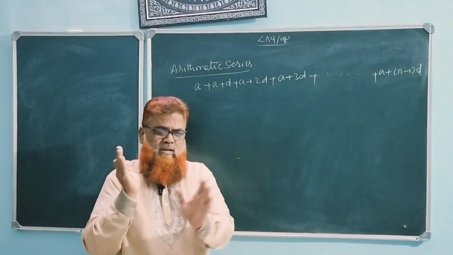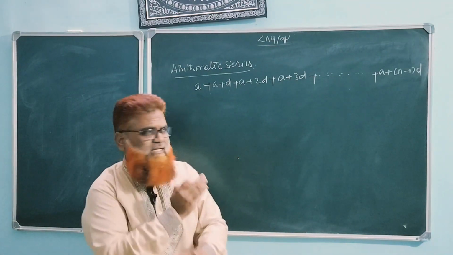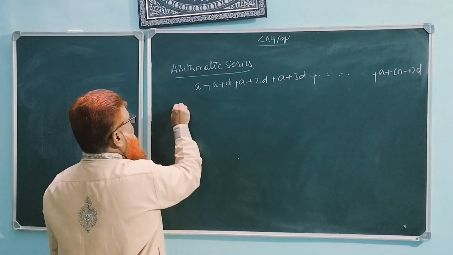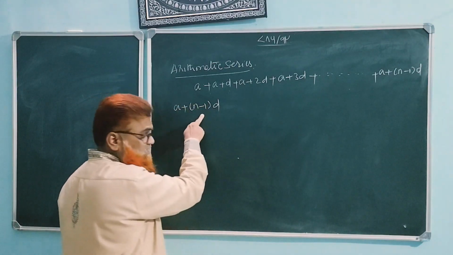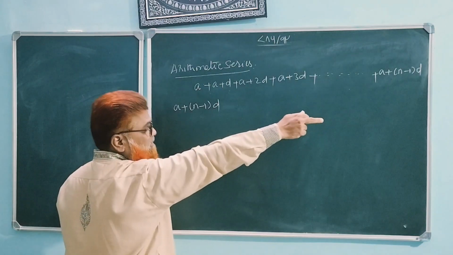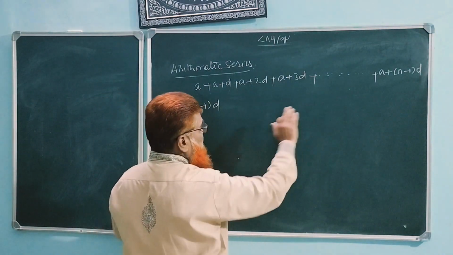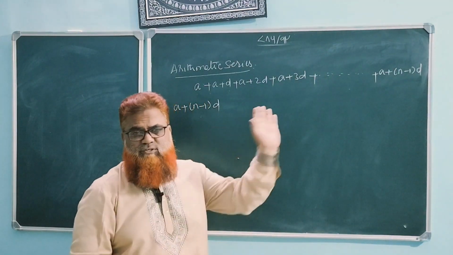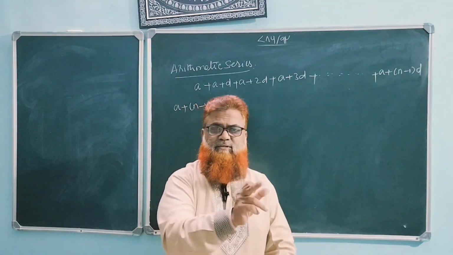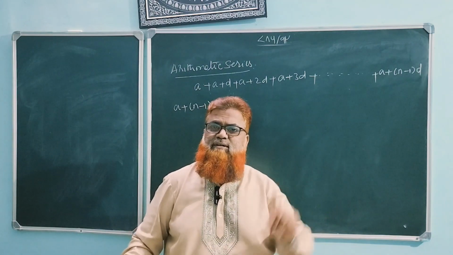Reverse the whole progression, the whole series. From first to last we have written a, a plus d, a plus 2d, etc., a plus (n minus 1) into d.